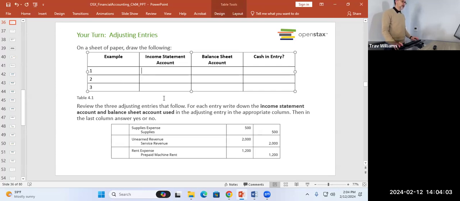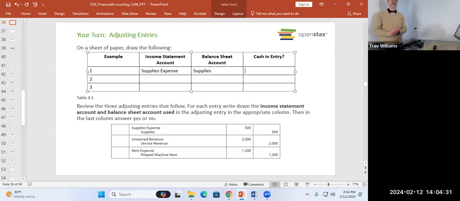So the first one is supplies expense and supplies. Which of those two is an income statement account? Supplies expense, right? Because the income statement is revenue minus expenses. And then obviously the other one, supplies, is the balance sheet account. Why is supplies a balance sheet account?